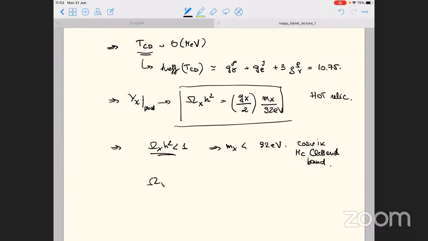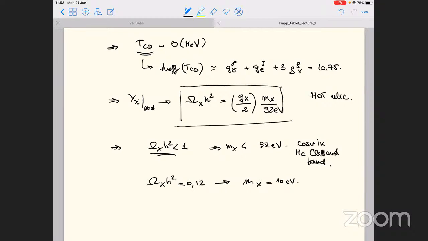Now, what you want at the end of the day is omega chi h square equal 0.12, which tells you essentially that if you would like to have all the dark matter in the form of standard model neutrinos, which would have decoupled while still relativistic, and you don't know anything about your neutrinos, you would need to have the total mass equal to 10 electron volts, or 9.2 electron volts.